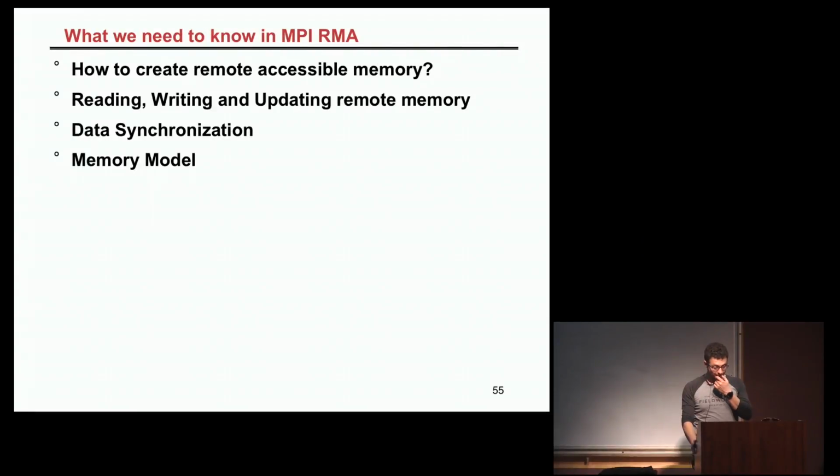In some places this is called MPI RMA, remote memory access. In some places it's called one-sided operations, and this distinction happened going from MPI 2 to MPI 3, and you probably shouldn't worry too much about it. So I'm going to talk about how to make this memory accessible.